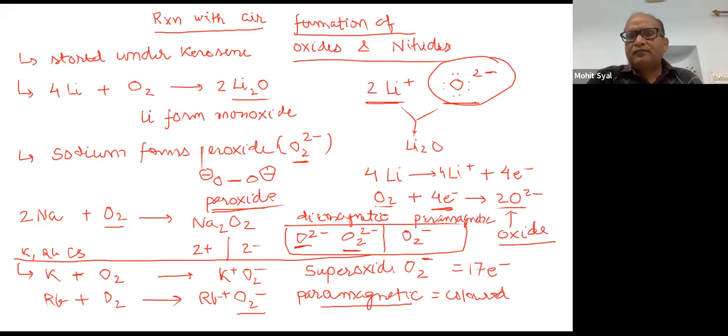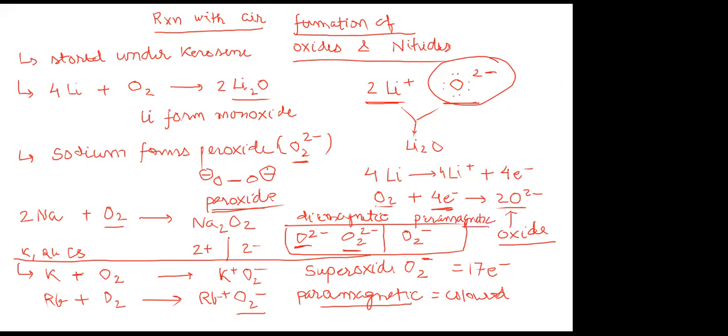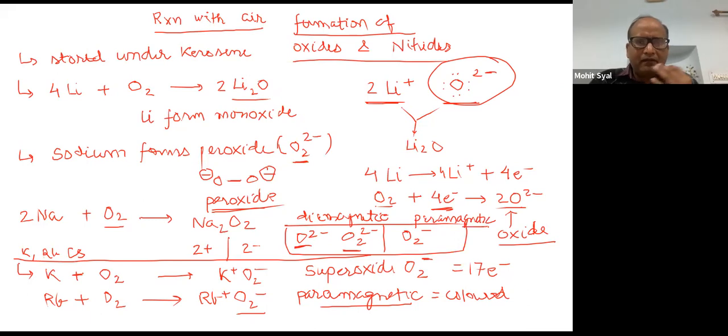No, sir. So why do they form oxide, why do they form peroxide, why do they form superoxide? It is actually based on their stability and their tendency to give electrons. Lithium can't form peroxide because it is a small atom, and peroxide or superoxide is made up of 2 atoms, so the lithium is going to break.